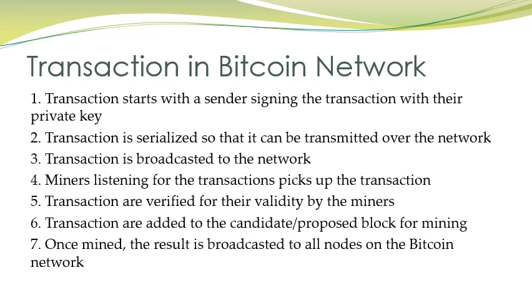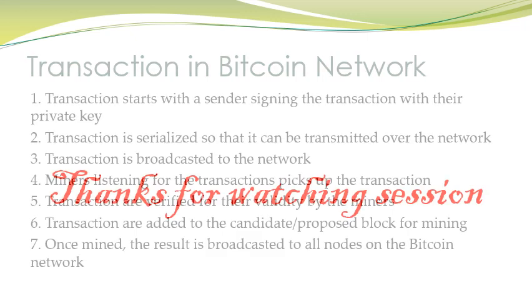Then transactions are added to the block for mining, and once transactions are verified, the result is broadcasted to all the nodes on the Bitcoin network. Once the number of confirmations are received, the block is created and added to the blockchain. So this is how transactions are processed in Bitcoin.